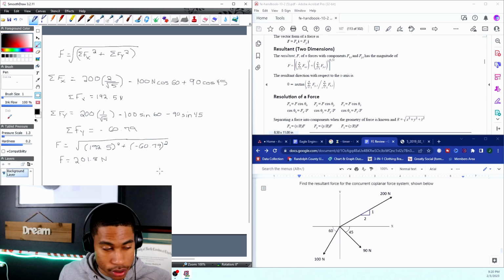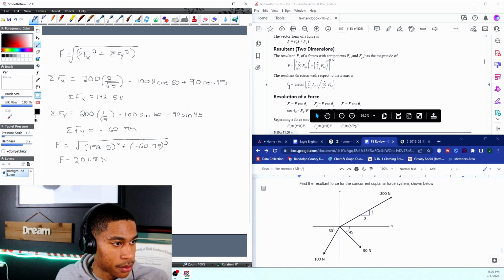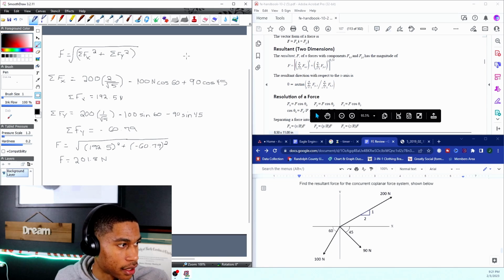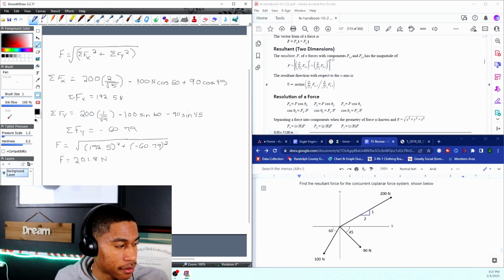So let's do it. I'm going to leave up. So to find the direction, it equals arctan of the sum of the forces in the y divided by the sum of the forces in the x. So that's easy enough. All right. So we have the sum of the forces in the x.